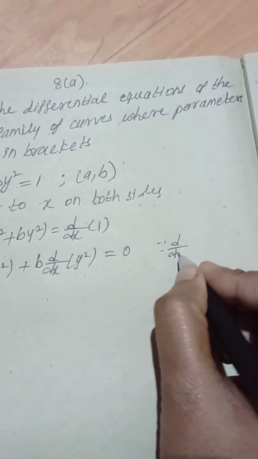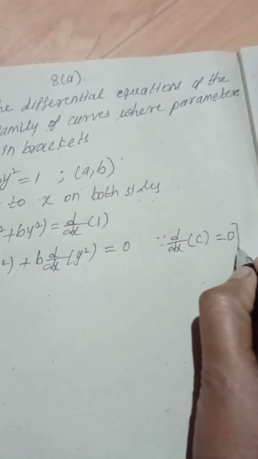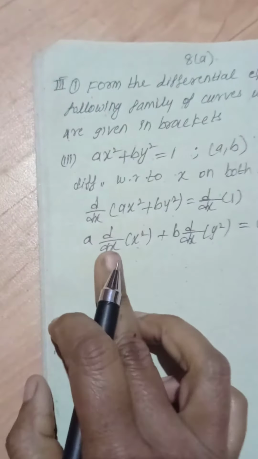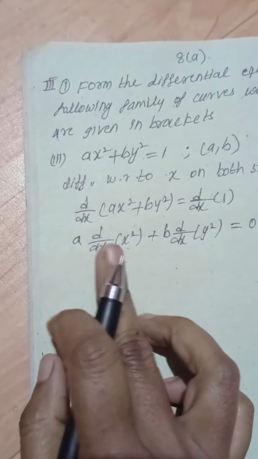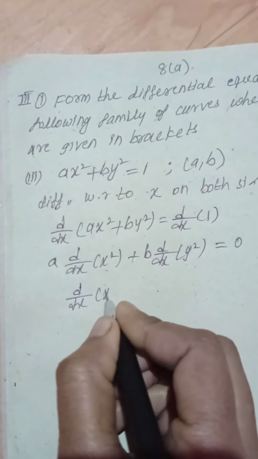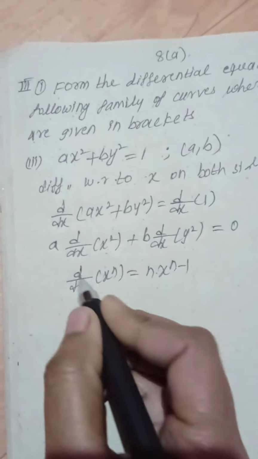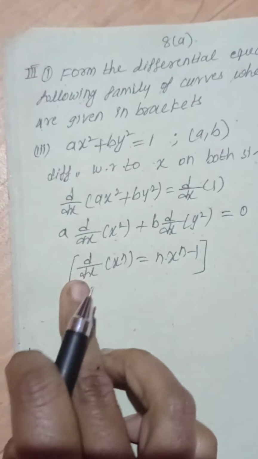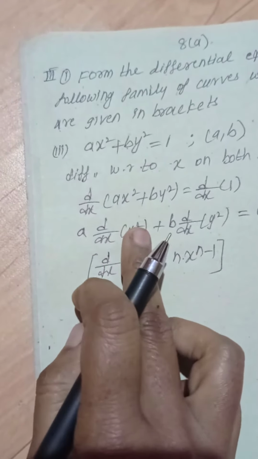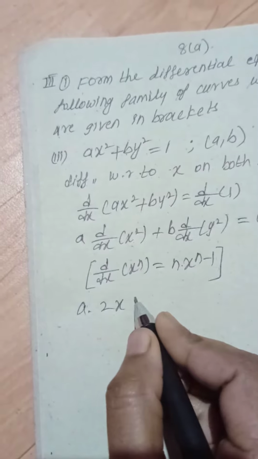Since d by dx of constant is 0, it is in the form of d by dx of x to the power of n. The formula is n into x to the power of n minus 1. So here apply this formula where n equal to 2. a into 2x, 2 minus 1 is 1.